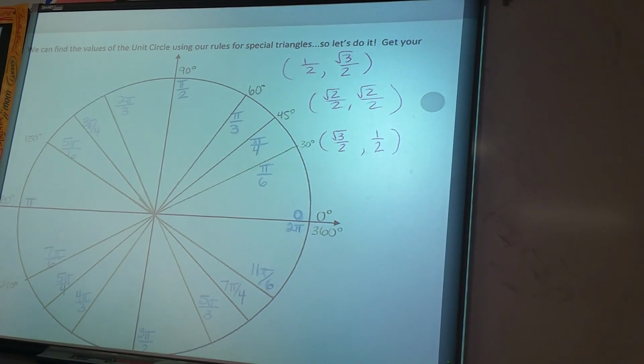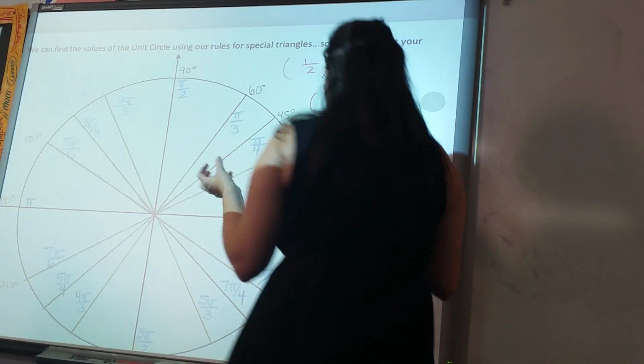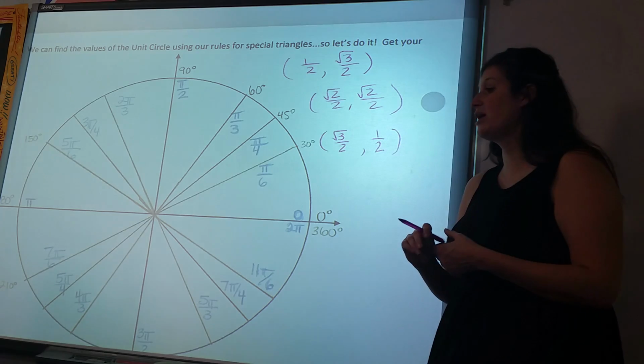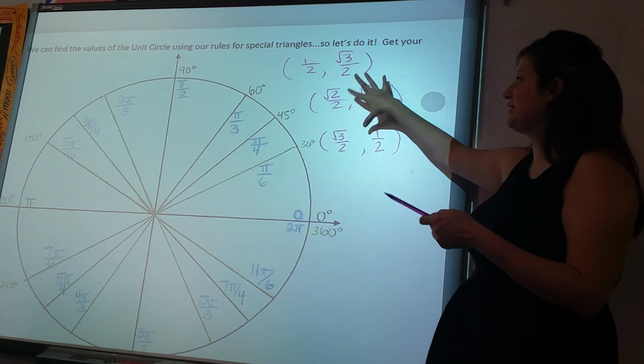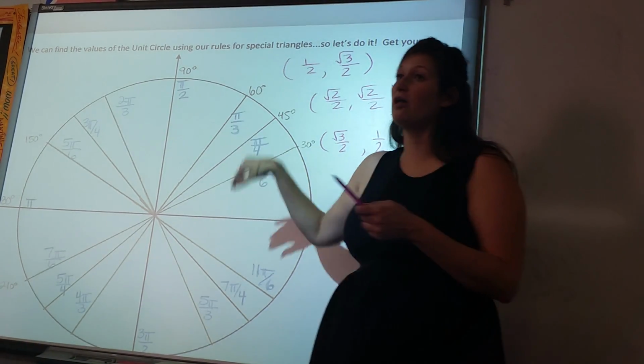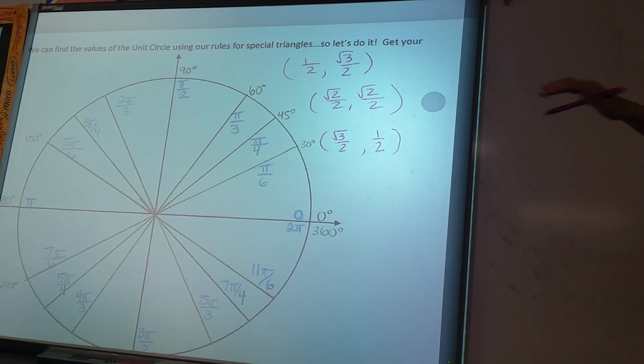Okay, so remember, you're going to have to know all of those points for your quiz, and you're probably thinking, oh my gosh, how can I remember all these points, right? All of these points can be reflected into your other quadrants. So as long as you know the first quadrant, all the other quadrants are going to follow. Okay? So let's talk about our quadrants.